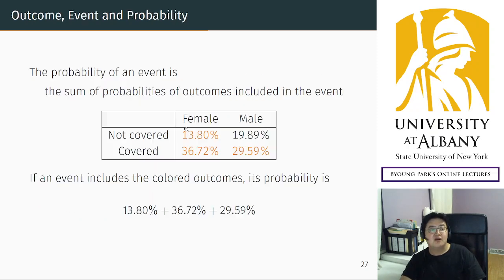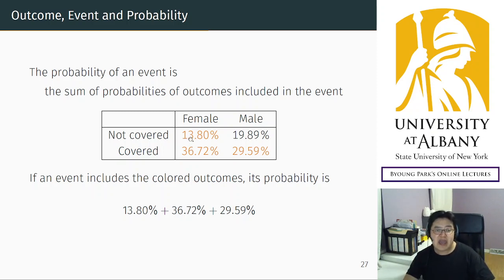Right? Okay, then in this case, when we have more than one variable, the probability of an event will be defined in this way. We define the probability as the sum of probabilities of the outcomes included in the event. So for example, remember, an event is a subset of the sample space.